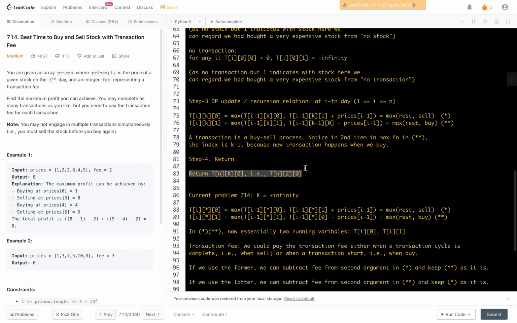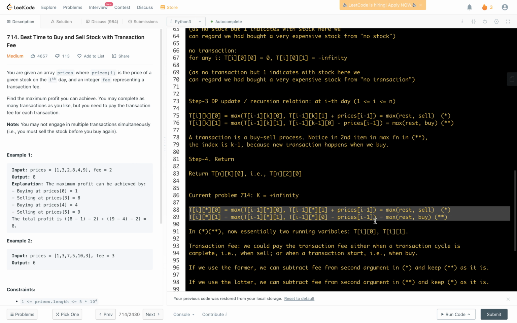So next we are going to return. This is nothing to be explained, right? So with that said, we explained the general principle or general thought. Now we can look at the current problem. In the current problem, there are two things. First, k is positive infinity. If we replace k in star and double star by positive infinity, we notice that k and k minus 1 are the same, right?